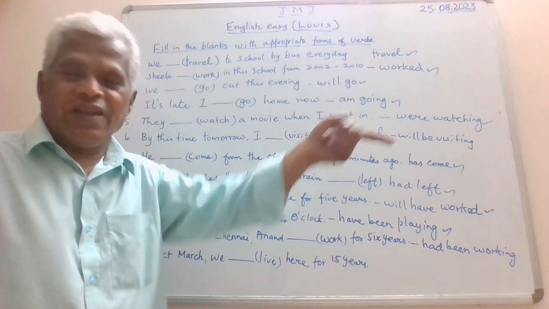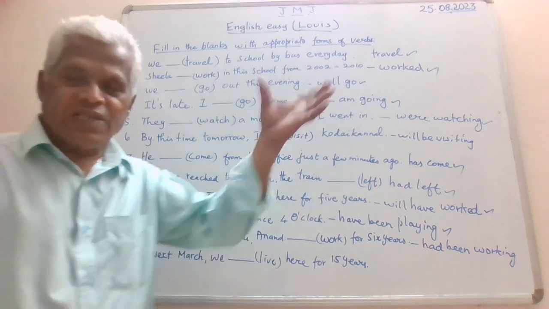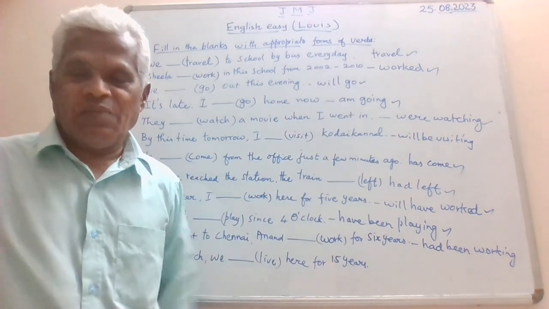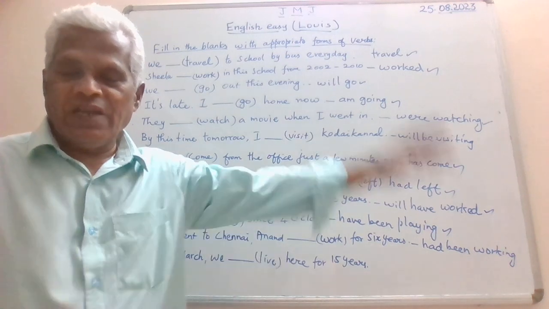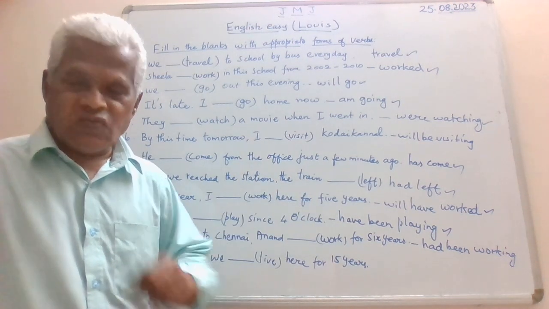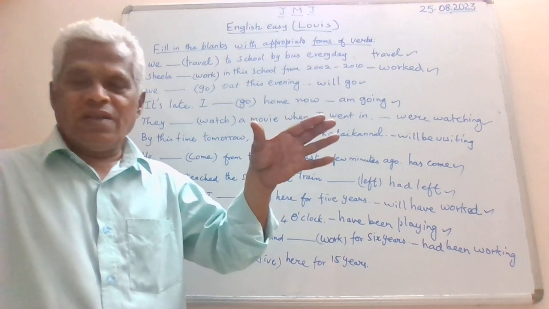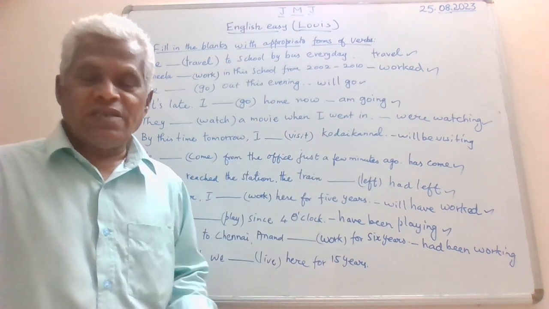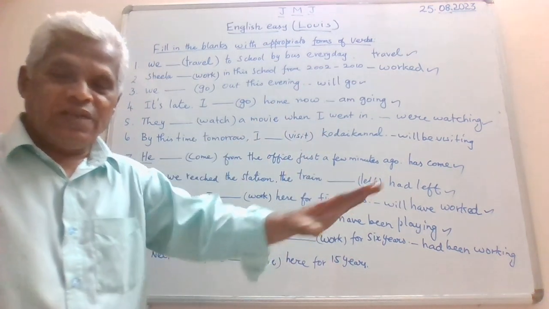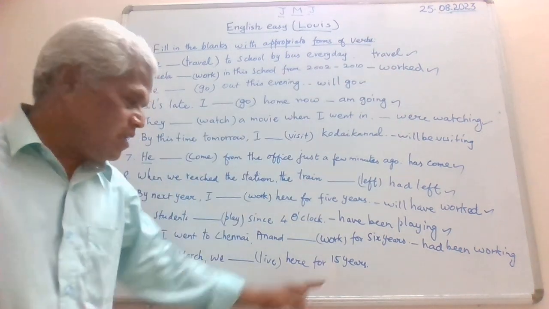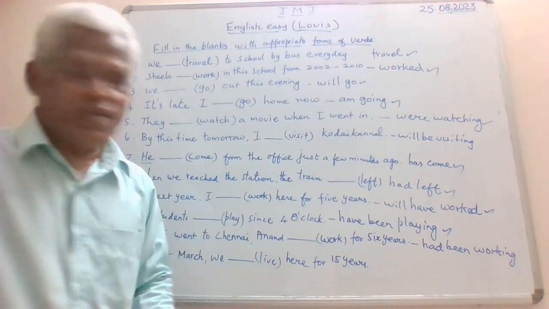Future perfect continuous tense. By next March, so we have started living in a place and we have been living there for so many years. But when I look at the month next March, I imagine that we will have been living here for 15 years. See? So future perfect continuous tense.